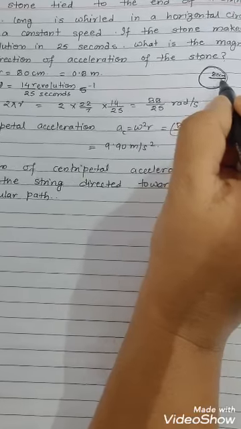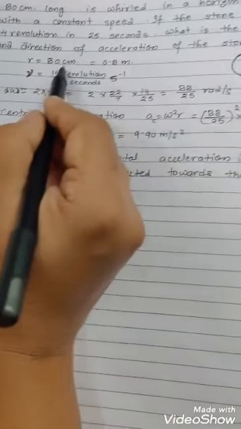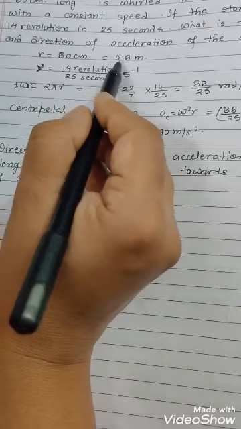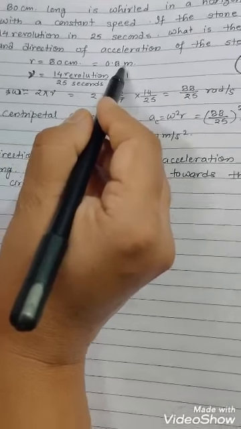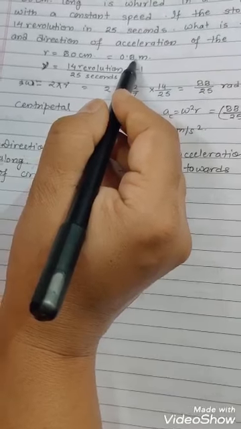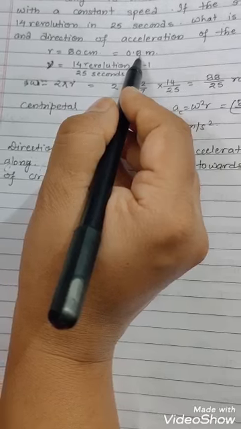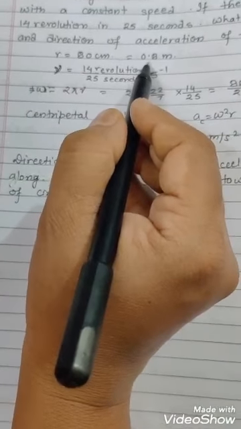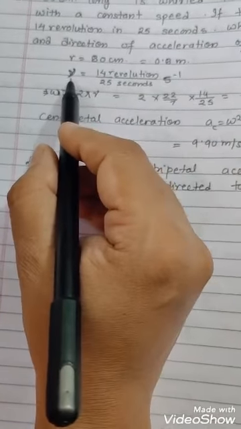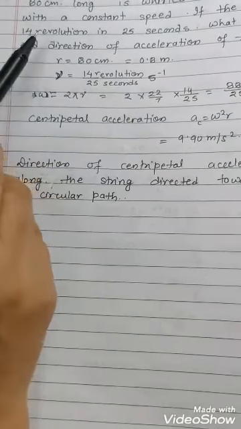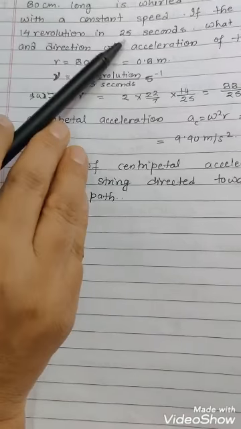So the radius we will consider 80 centimeter, and if we change this into meter, it is 0.8 meter here. Now you will see this is frequency, as it is given 14 revolutions in 25 seconds.